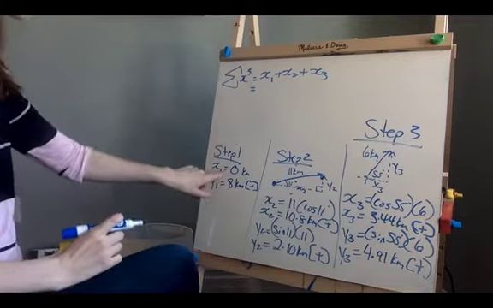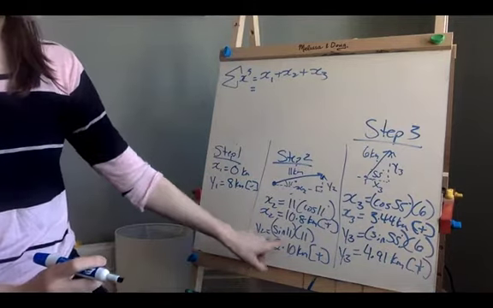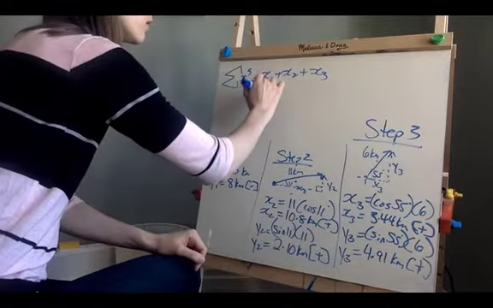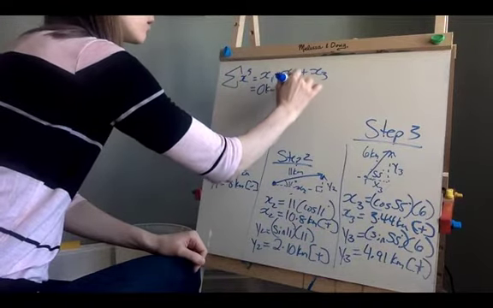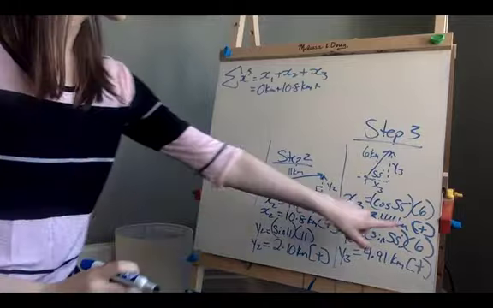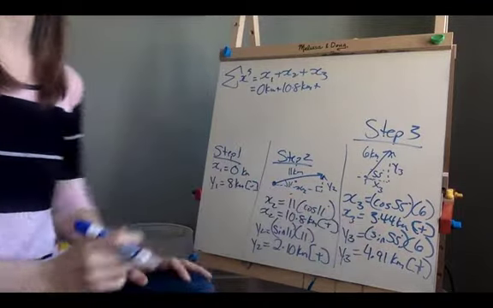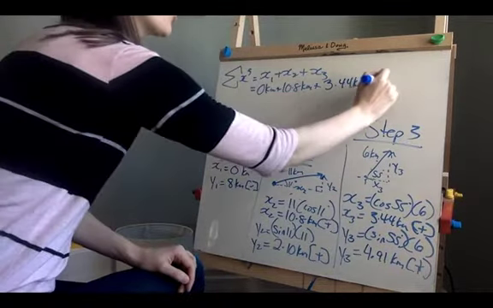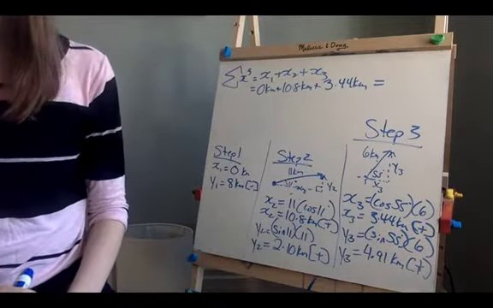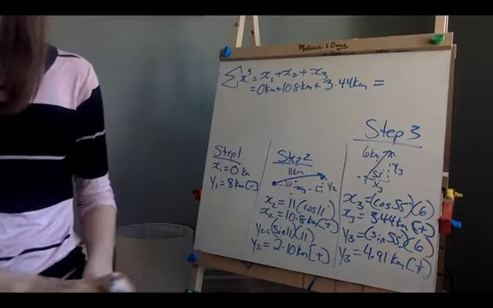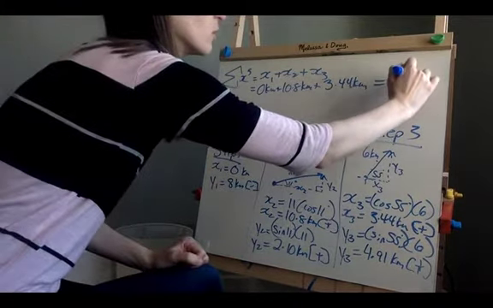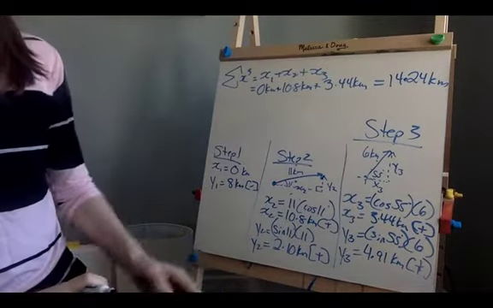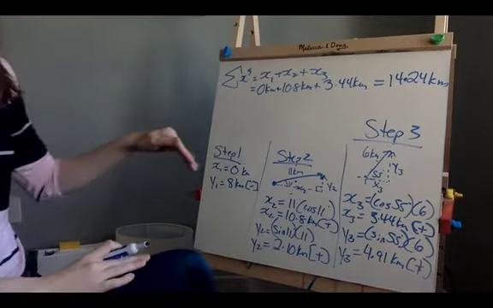So when you add that together, 0 plus 10.8, because it was a positive, and then x3 here was again a positive 3.44, so plus 3.44. So the sum of your x's all together ends up equaling 14.24 kilometers. Okay, so overall you've traveled 14.24 kilometers to the east.